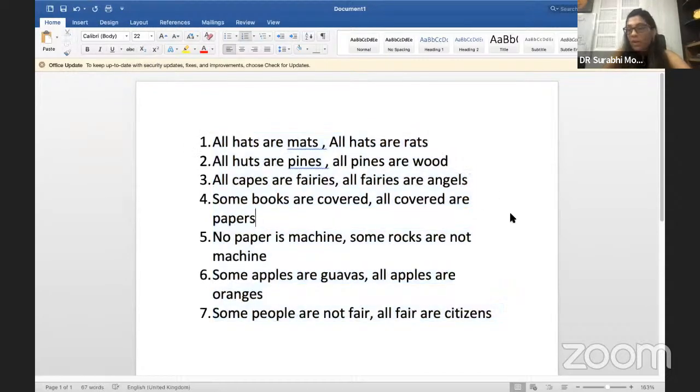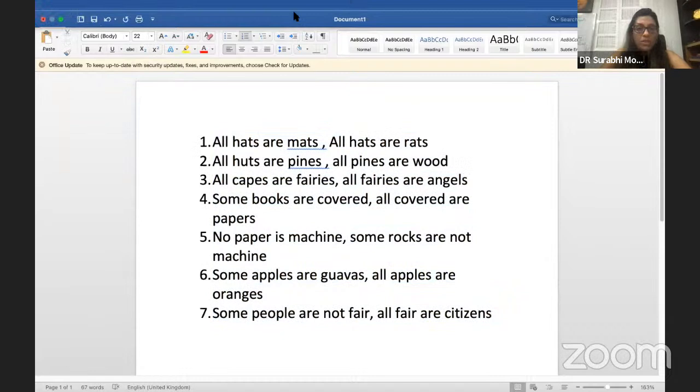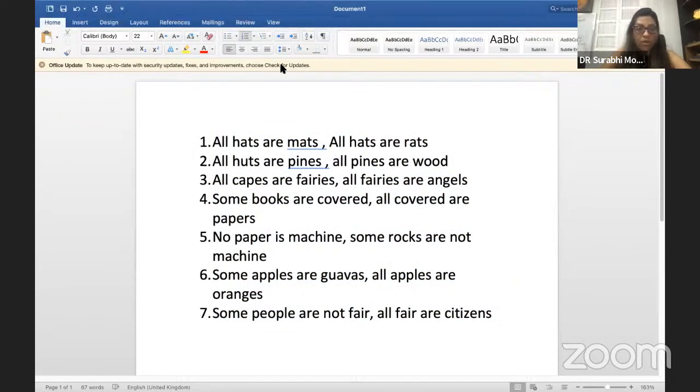So your job here is to mark the middle term. So give me the middle term in 1, give me the middle term in 2, give me the middle term in 3, like that, quickly. Give me the middle term in 1.